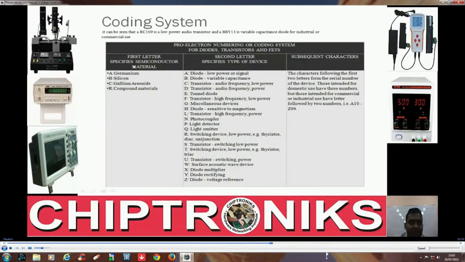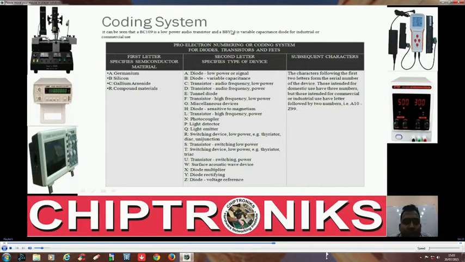All right, the first letter specifies the semiconductor material, and the second letter represents the type of device. So C stands for transistor. So this is an audio frequency low power transistor. And the subsequent characters following the first two letters form the serial number of the device.